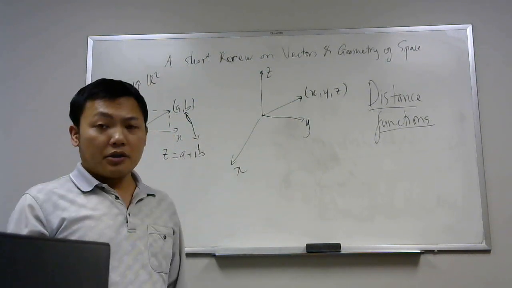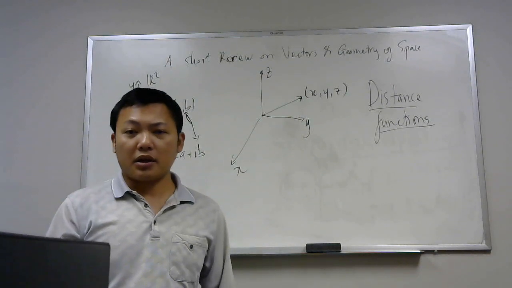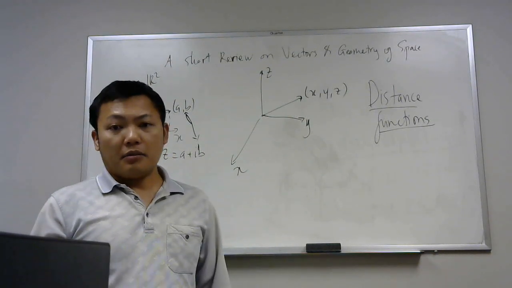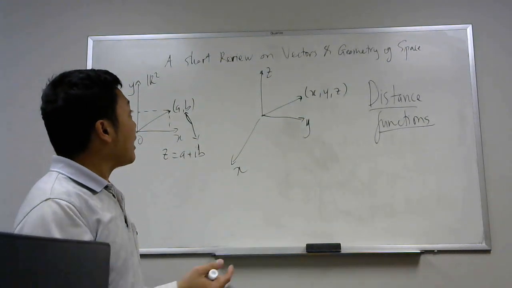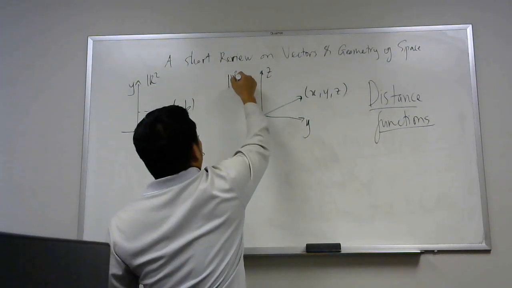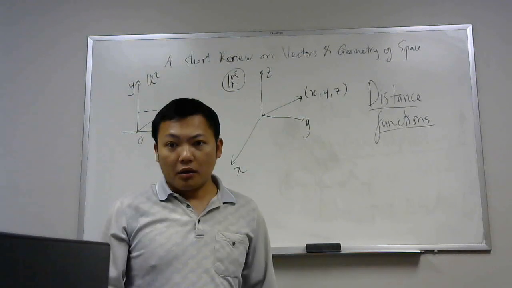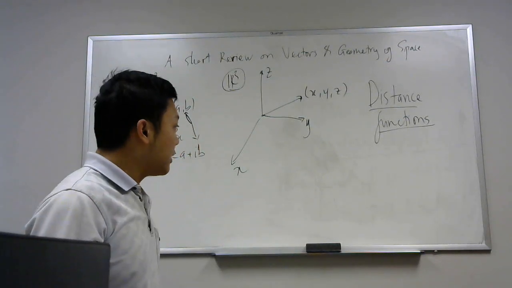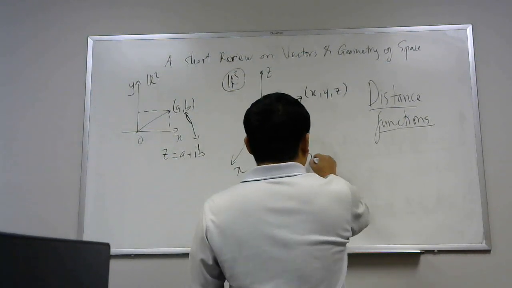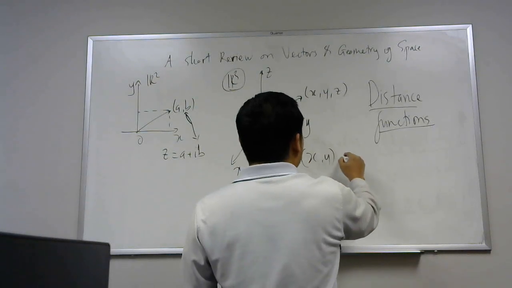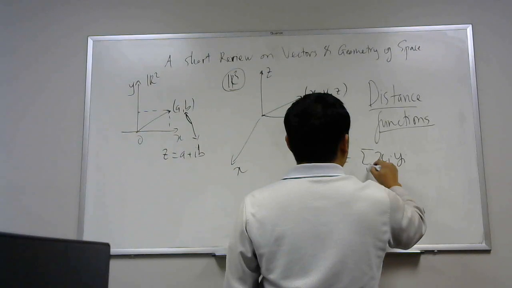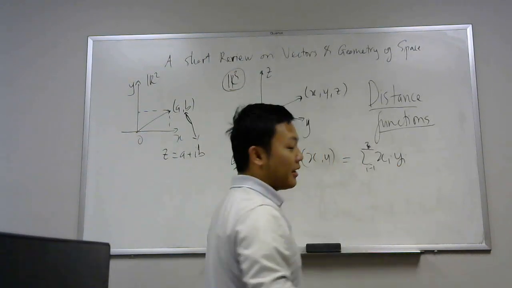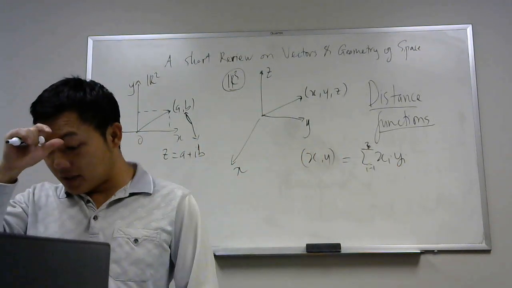So if you took linear algebra, probably you know about dot product and inner product in spaces. In R3, we use dot product. And what is dot product? You have two vectors in here, so that is the sum of xi, yi, i from 1 to 3, let's say, because we consider three-dimensional space.